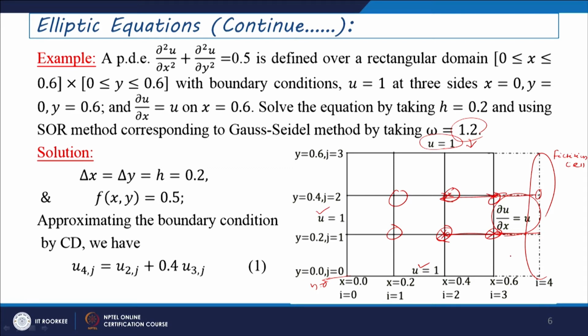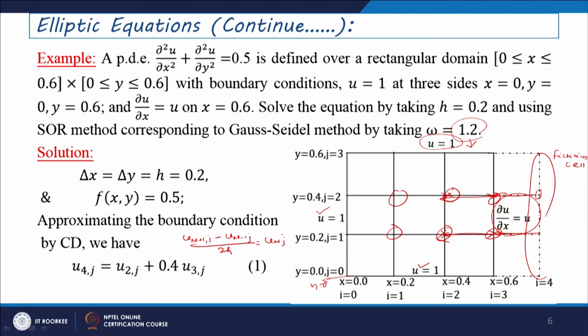we can find u4j equals u2j plus 0.4 u3j, since from this point we can say that (u m plus 1 j minus u m minus 1 j) by 2h is defined in the form of u m j.